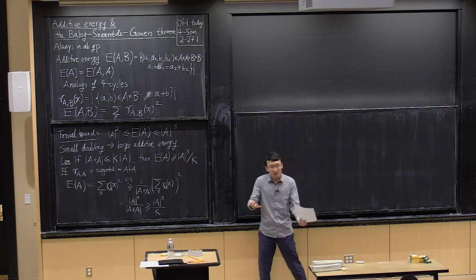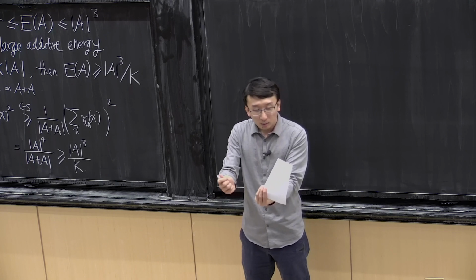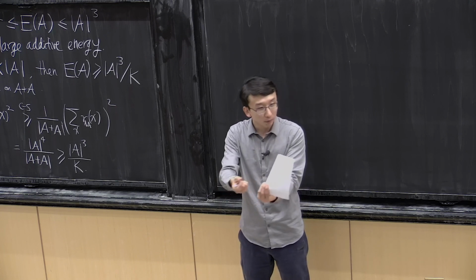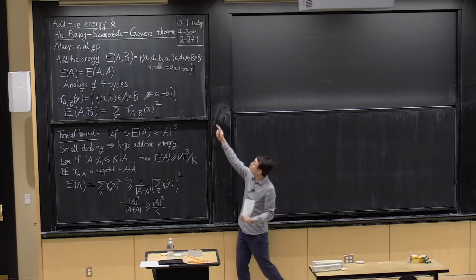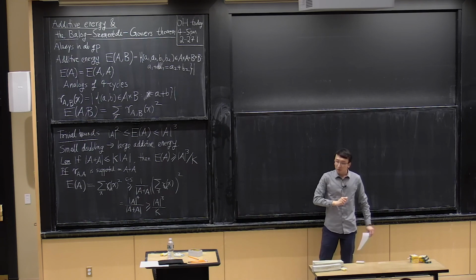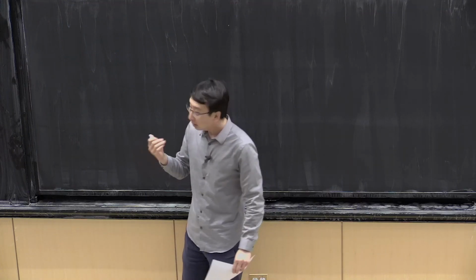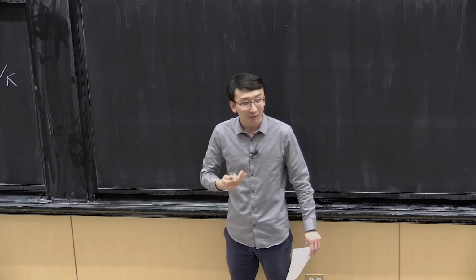And this kind of makes sense. If a set doesn't expand, then there are many collisions of sums. And so you must have lots of solutions to that equation up there. But what about the converse? If I give you a set with large additive energy, it mustn't necessarily have small doubling.